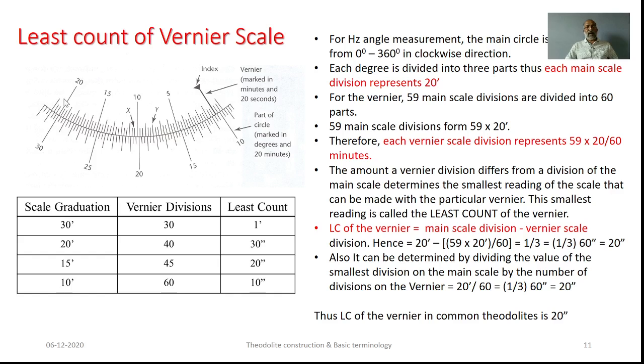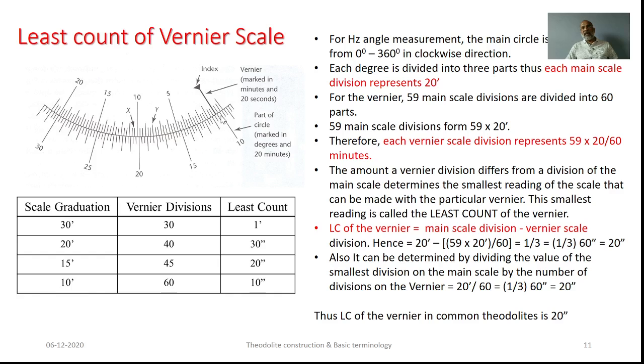The upper graduations are related with the vernier, which are marked in minutes and 20 seconds, whereas the main scale is provided with degrees and minutes. Here each degree, the way you see, is divided into 3 parts.